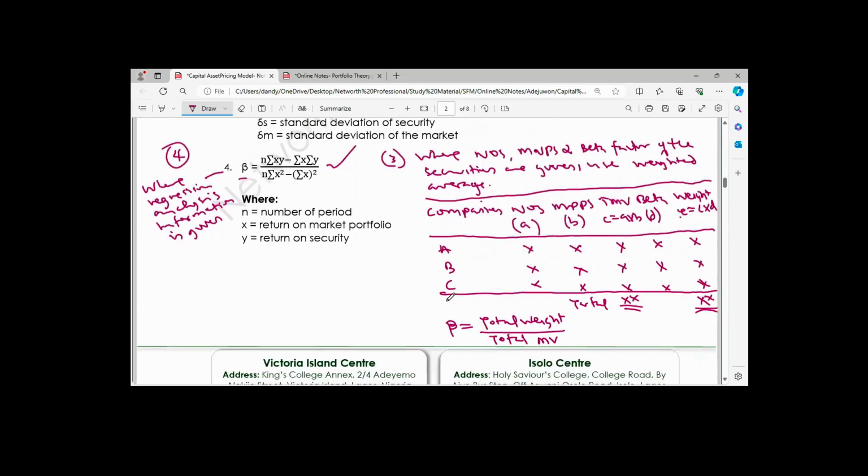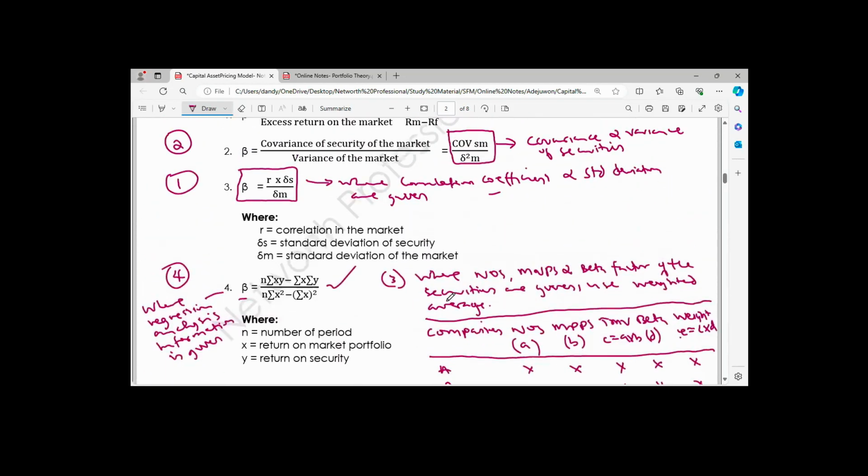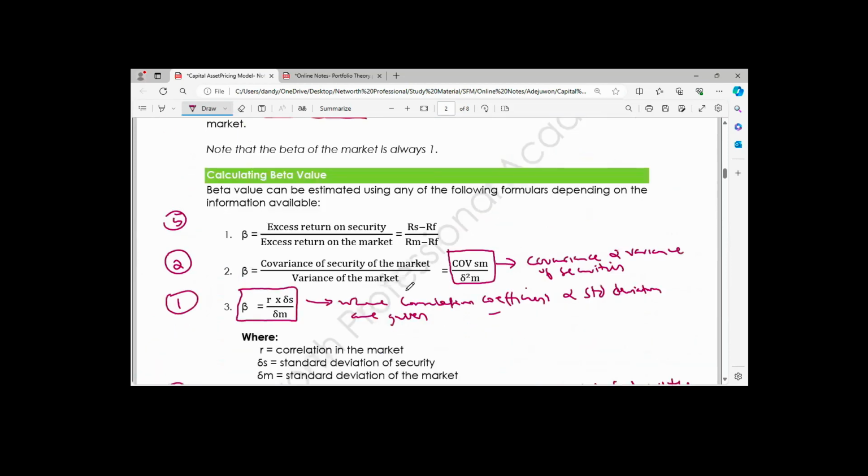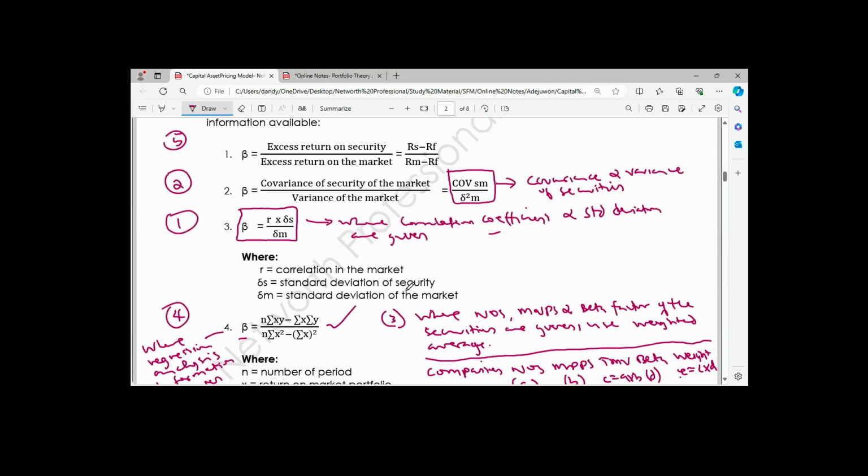But the bottom line is that you have to memorize the 5 because you don't know where examiner will come out to you. But like I said, I've also made life easy for you by telling you how frequent each of the formulas are. I can assure you, this number one formula, the priority, is the most frequent.